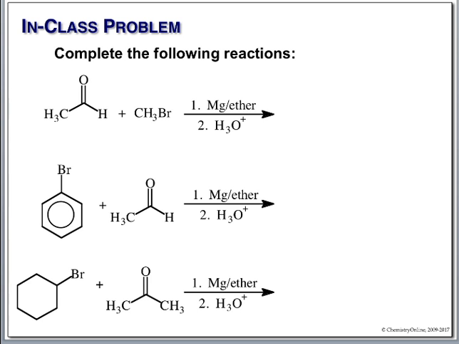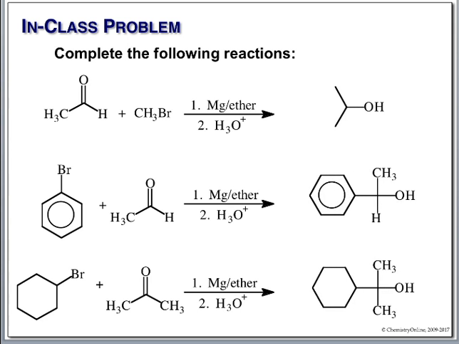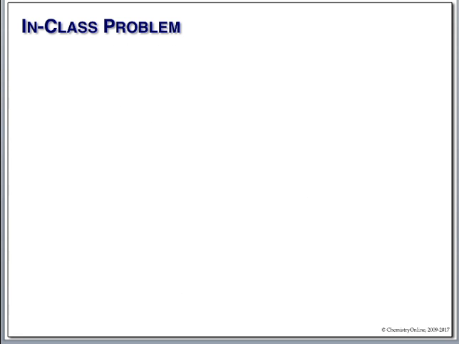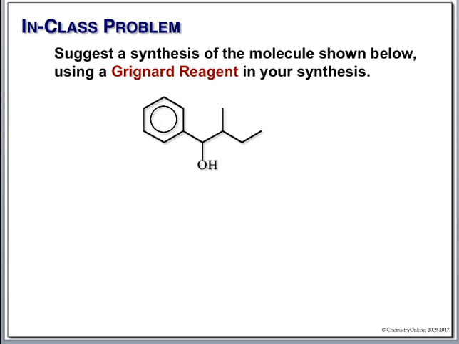The Grignard reaction has an inherent symmetry to it. Oh, okay, we've already done these. Oh, maybe we haven't. Well, anyway, we know how to do these. Let's talk about Grignard reaction and symmetry.